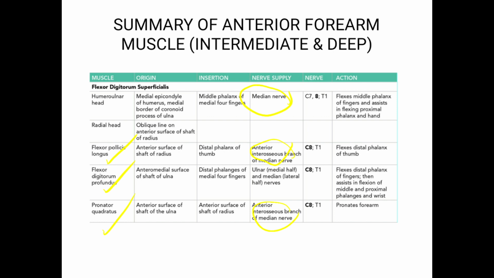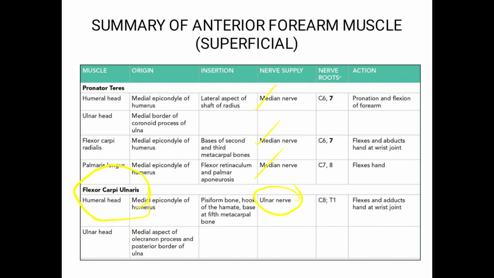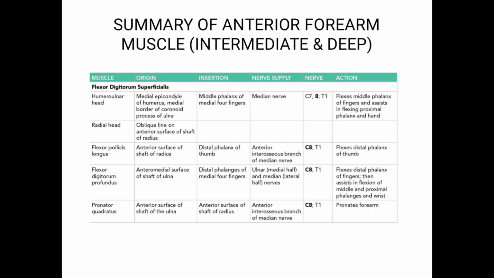Why? Half is ulnar, half is median. What do I mean by this? Okay, so if you remember, you have four tendons, okay, and this is controlled by the median, that is from the muscles, okay.